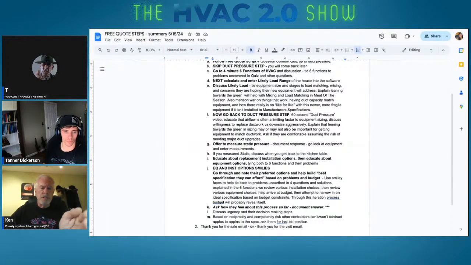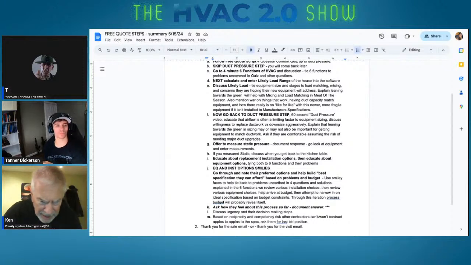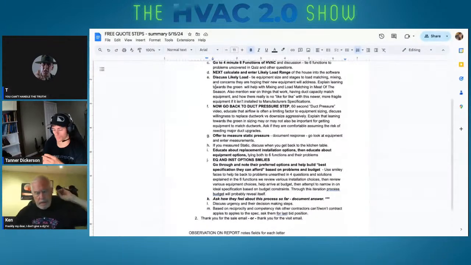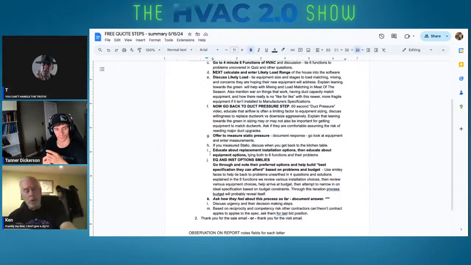Maybe this just needs, instead of all of these, what have we got? All the A through M. We may want to do it in more of an outline form, so we have type of equipment, and then an indentation with some parts that will lead to that. And then we go to likely load range and static pressure.